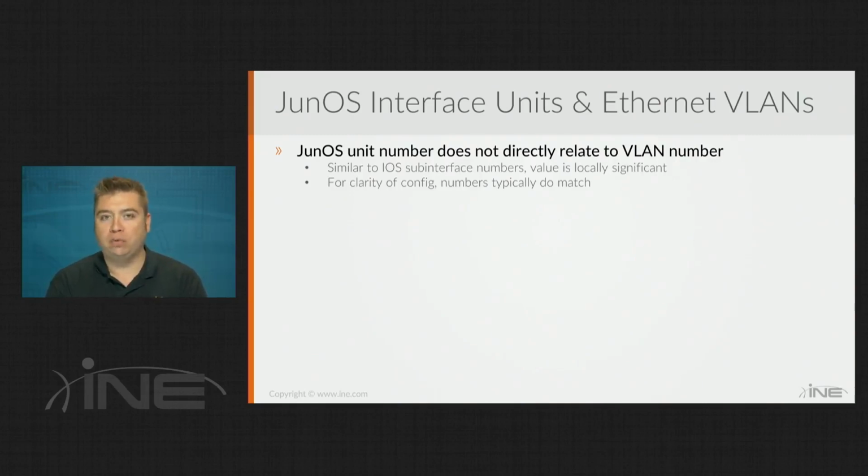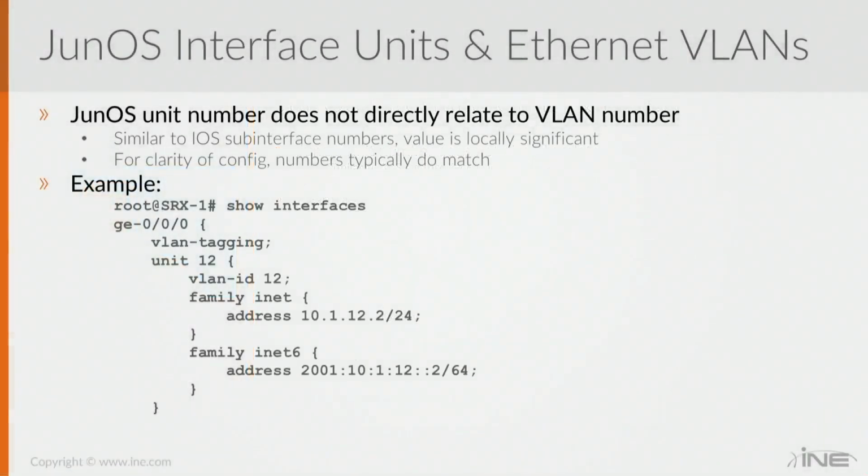But in the vast majority of real designs, just like you would in regular IOS, it doesn't make sense to mismatch the numbers because it makes the configuration overly complicated to read. So when you do the configuration, typically you would match the VLAN ID to the unit number, but it's not 100% required.